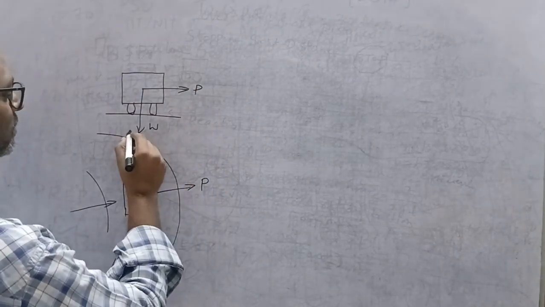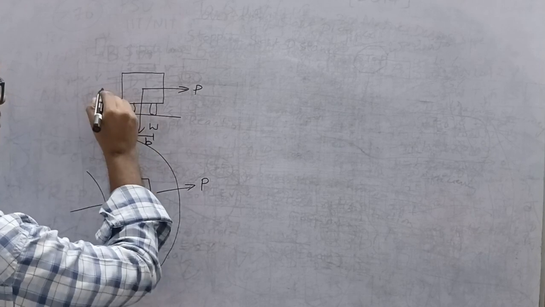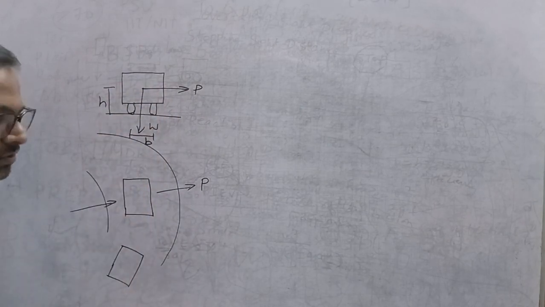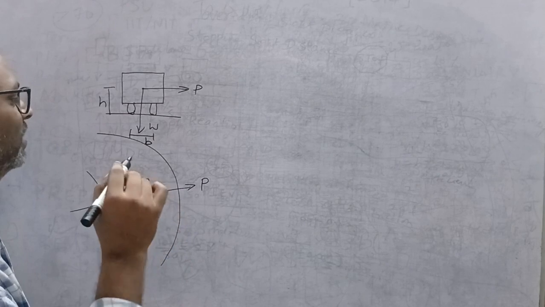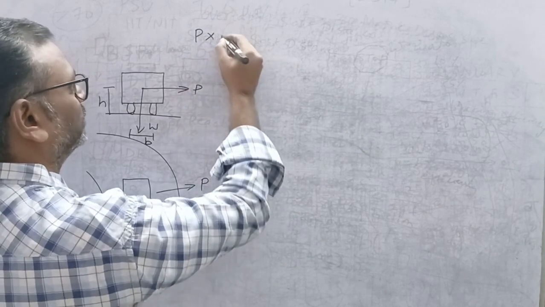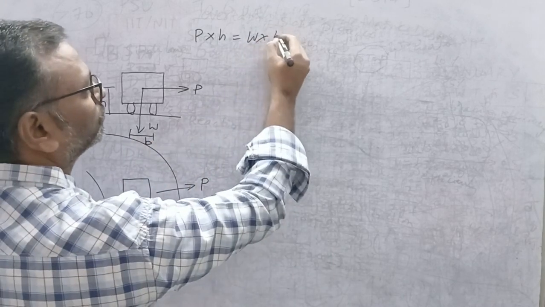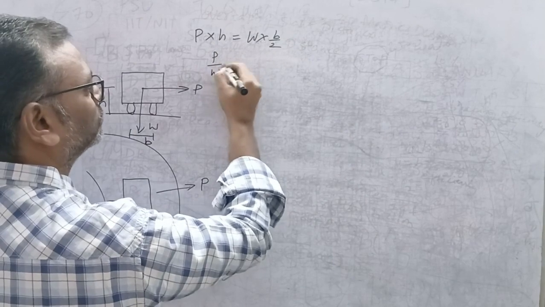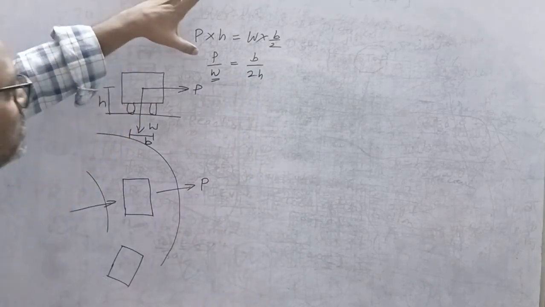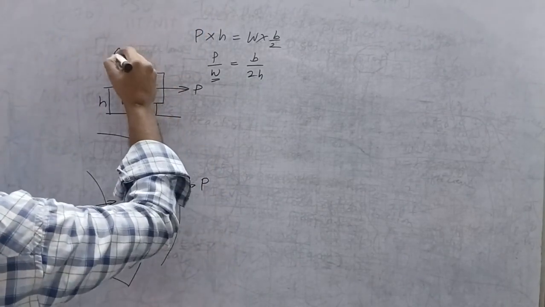Resolving, if B is the width of the vehicle and H is the height of the centroid of the vehicle, that is the center of gravity of the vehicle, then P into H is equal to W into B by 2. So P by W is equal to B by 2H. This P by W, the centrifugal force over the weight of the vehicle, this ratio is called the centrifugal ratio.